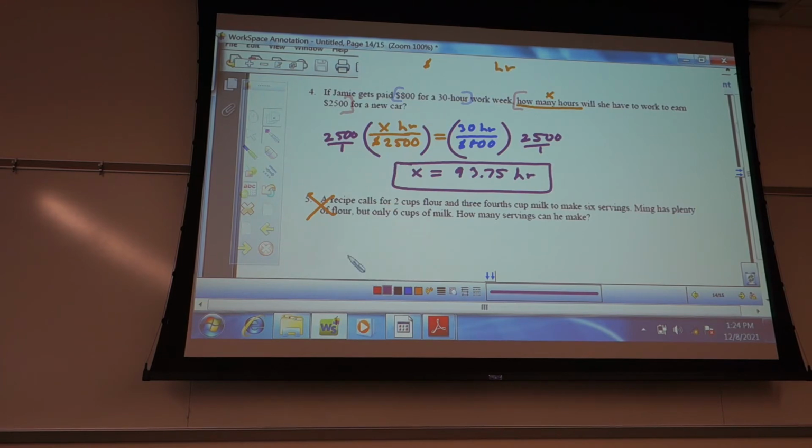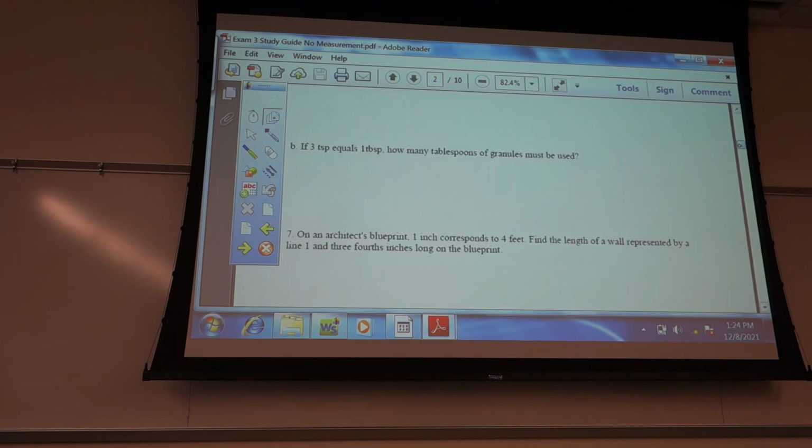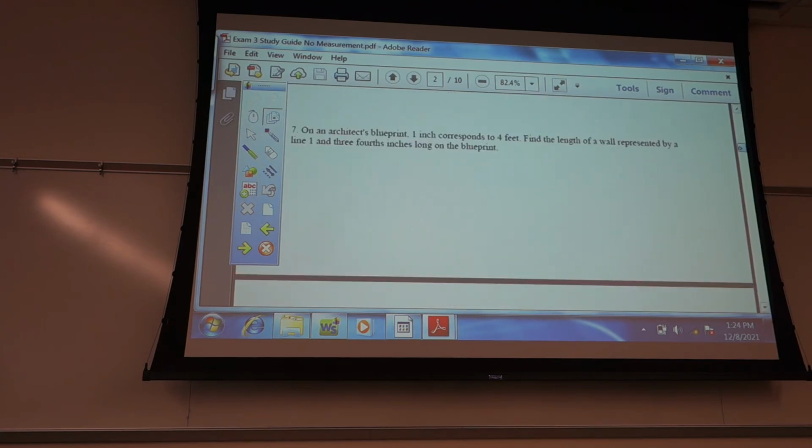Good. So I feel like number 7, you folks could sort that out too. We're trying to find the length of wall. So the length of wall would be your x.